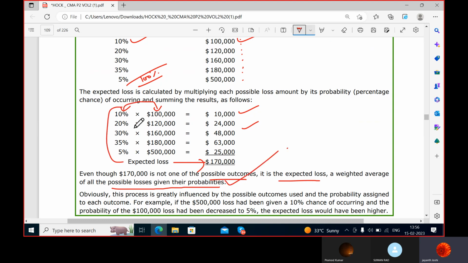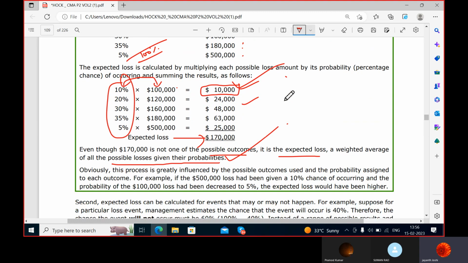So we have considered the probabilities and also the amounts, and we know there is a 10% chance that we will incur this much loss. So that amount happens to be this much, correct? That is the expected loss. Obviously this process is greatly influenced by the possible outcomes used and the probability assigned to each outcome.